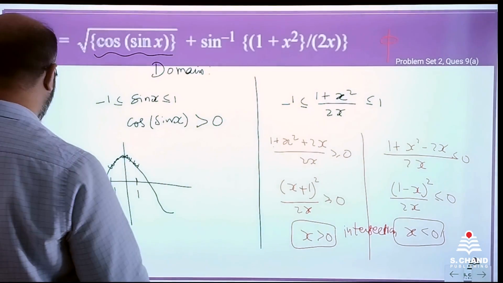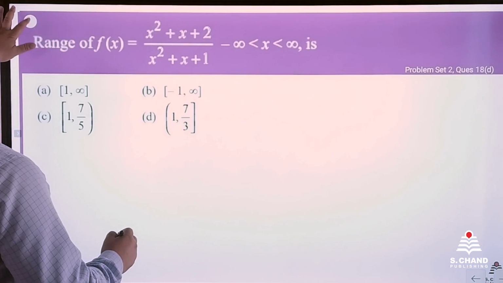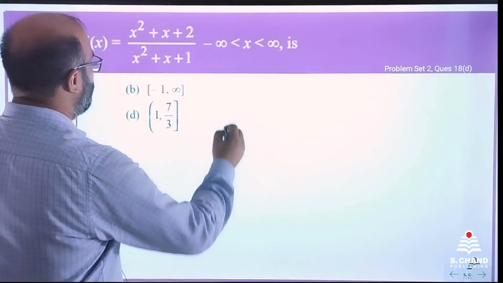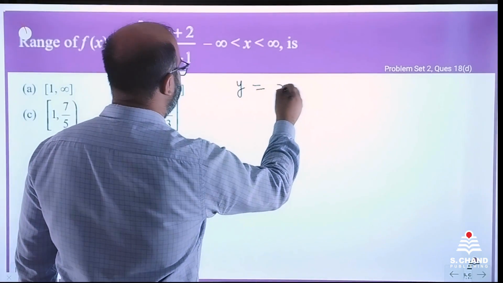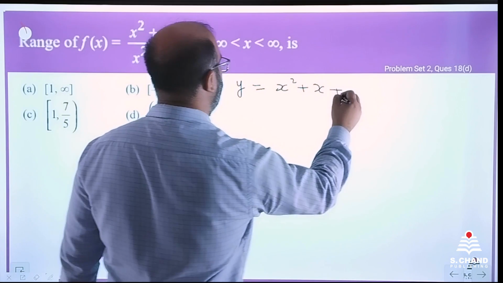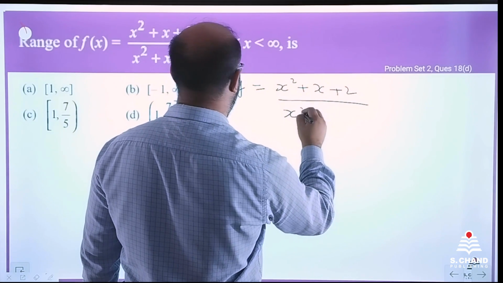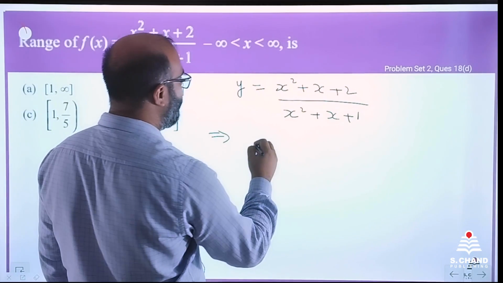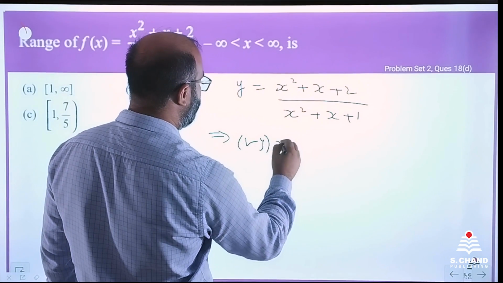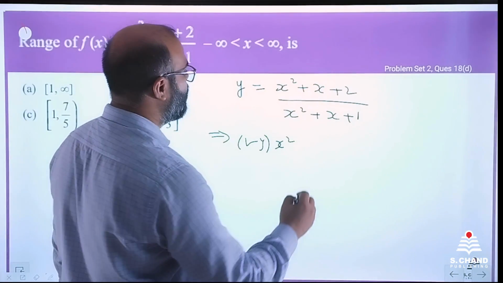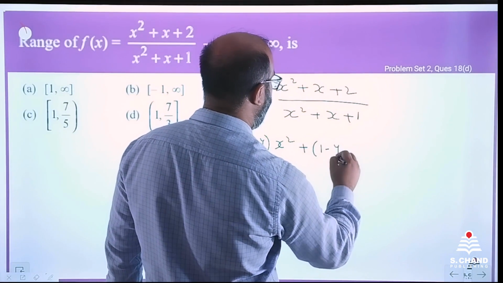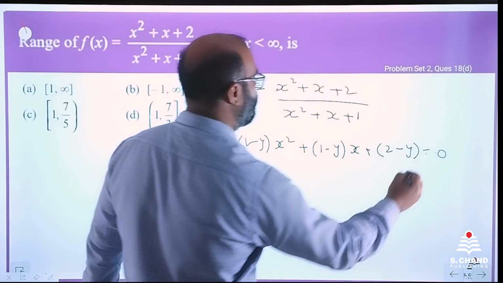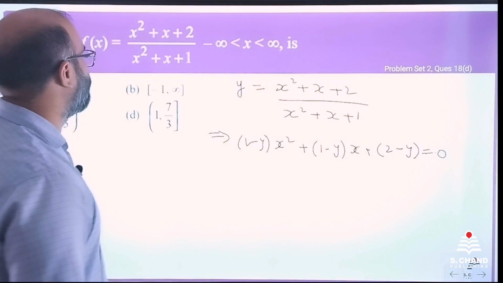Now let us come to the next question. It says the range of f(x) of this function is. So we take it as y. y is (x² + x + 2)/(x² + x + 1). Now we cross multiply and write it as (1 - y)x² + (1 - y)x + 2 - y = 0. We write it like this.